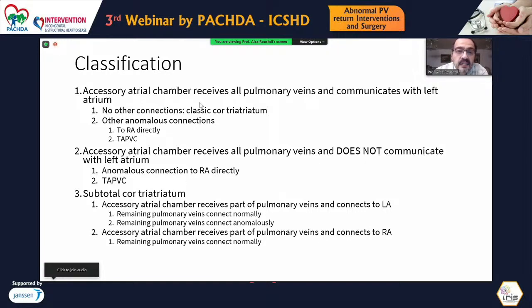So I can see a very large variation of anatomy here, and the presence of a membrane in the left atrium needs a very careful attention to know where the pulmonary veins are exactly draining and whether this drainage is connected to the remaining left atrium proper, or connecting anomalously, or connecting to the right atrium, because all these are valid possibilities concerning this pathology.